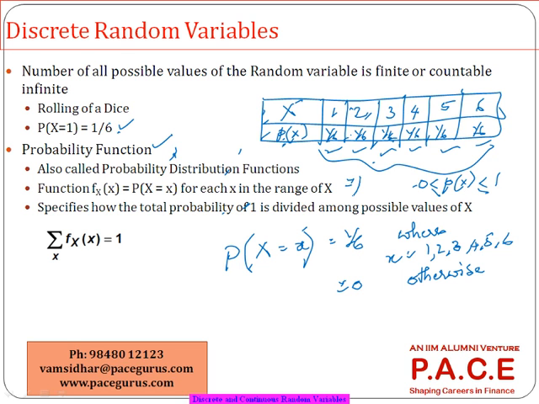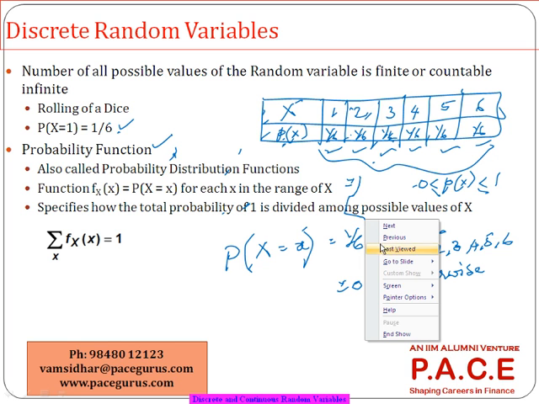So 1 by 6 plus 1 by 6 plus 1 by 6, up to 6 times if I add, it is nothing but equal to 1. Then I am calling some distribution a probability distribution function itself. If at least one of them is not satisfied, then I don't call it a probability distribution function.